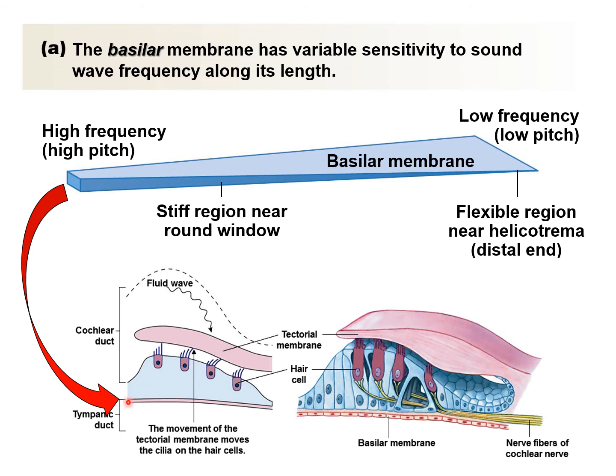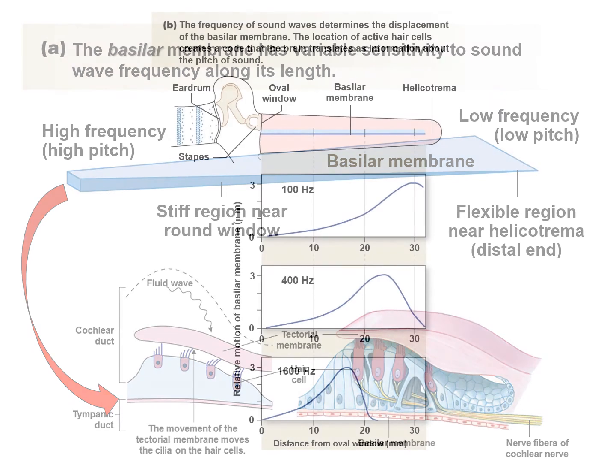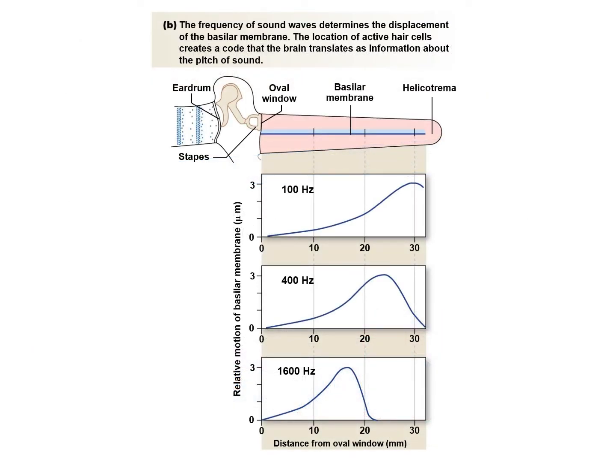So there, I just have the arrow going to the basilar membrane, showing you where it is in the cross section. But that combination of frequency and population coding allows us to discriminate pitch. So we have population coding, different pitch, population coding, different pitch, and also intensity, but also that compression rarefaction pattern that we see will also help us discriminate pitch.